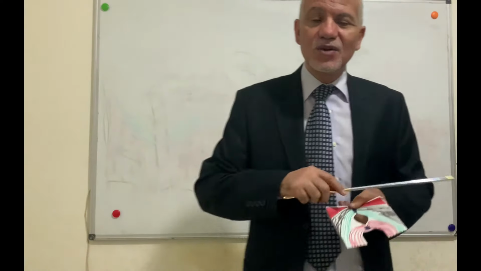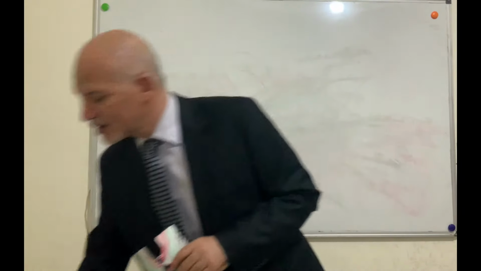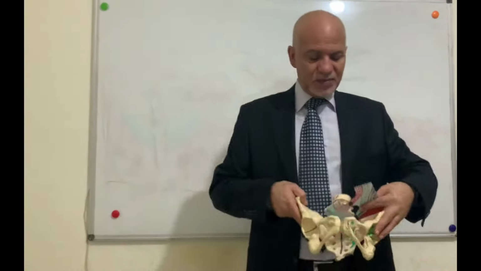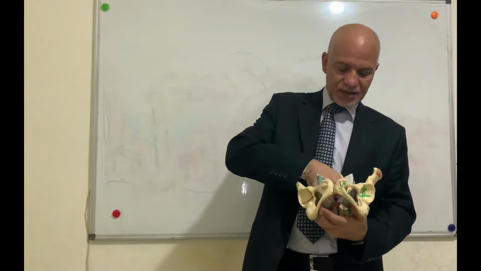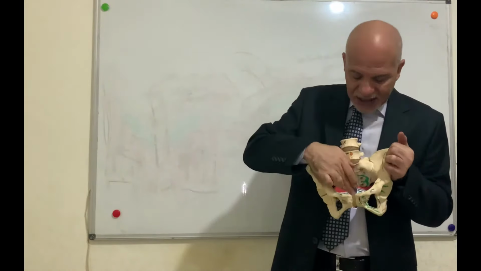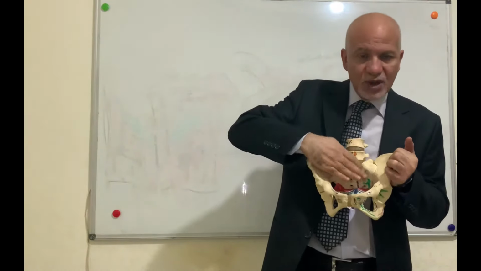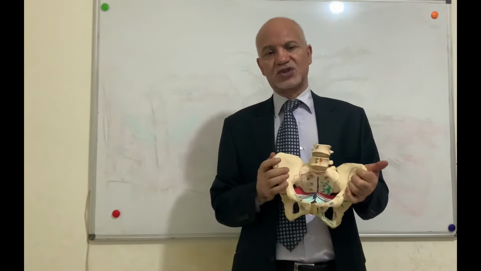Levator ani muscle, also we discuss levator ani muscle. This muscle forms what is called the pelvic diaphragm. The pelvic diaphragm is formed of 2 muscles, levator ani and coccygeus.